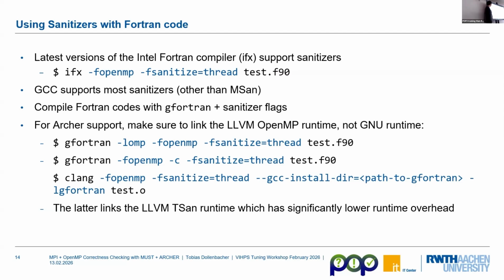This is because you want to use the LLVM OpenMP runtime and not the GNU runtime to actually get these sanitizers working. So you compile your code still with fsanitize thread with gfortran, but then you actually link your F90 object files with Clang and use Clang to get the OpenMP runtime from LLVM.